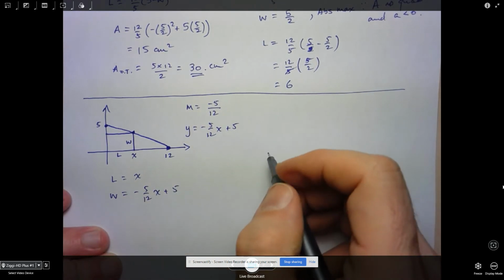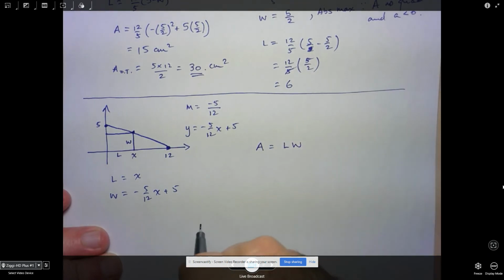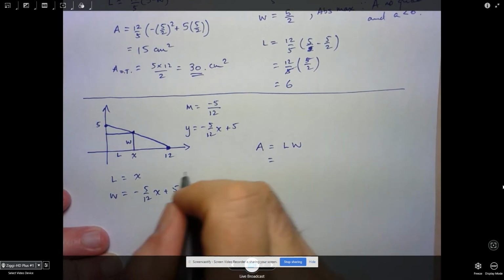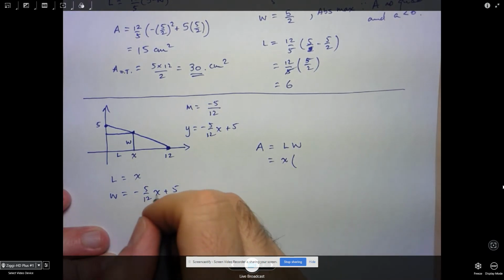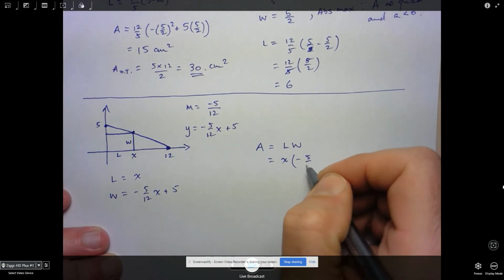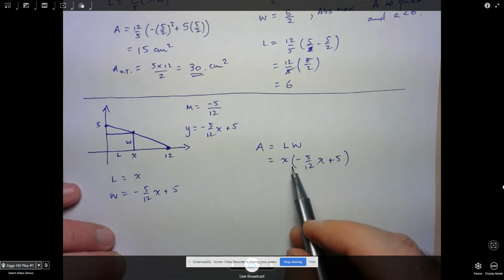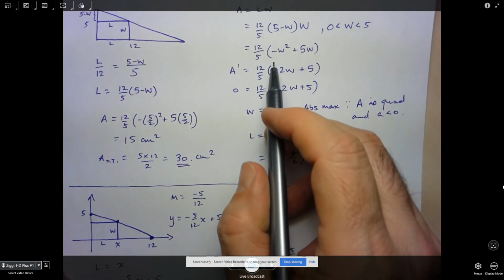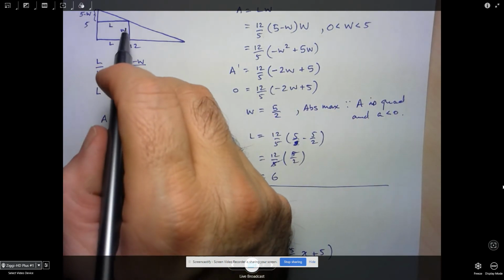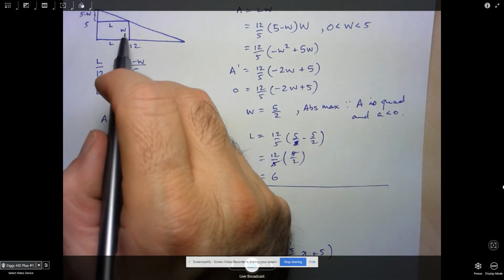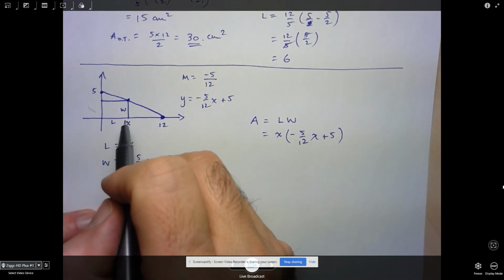So when I go to do my optimization, I'm still working with the area, which is equal to length times width, except the length is represented by the x value on the graph, and the width is represented by the equation of the line, -5/12 x plus 5. Now you might notice this equation is not the same as the one we had before, but that shouldn't be too surprising because there my variable was representing the width of the rectangle, whereas here now my variable represents the length of the rectangle.